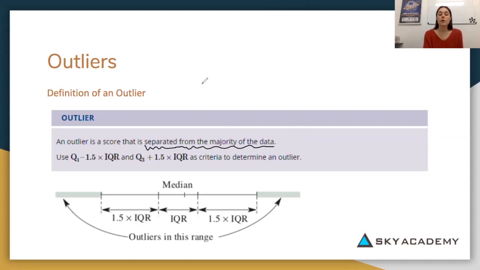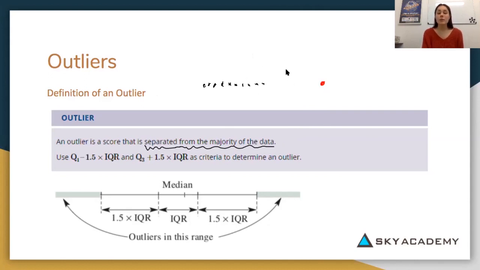So for example, if the data set was represented by this dotted line here, if we had a dot that was up here, it is outside of the data range. It is away from the data set. It is considered an outlier above the rest of the data set.